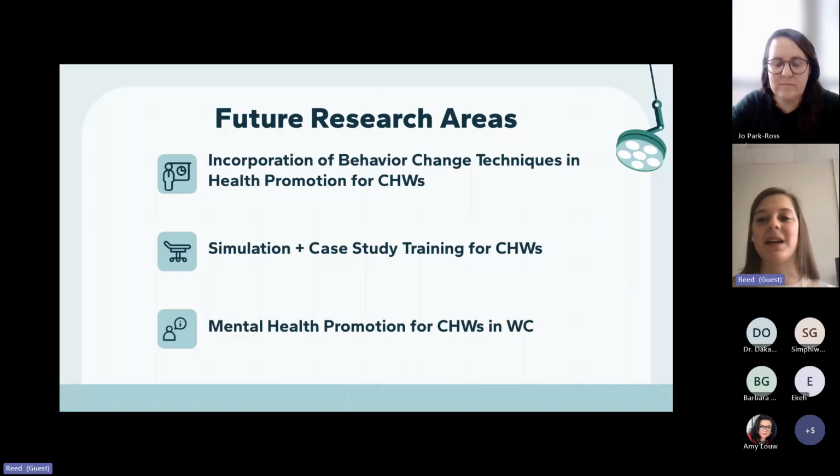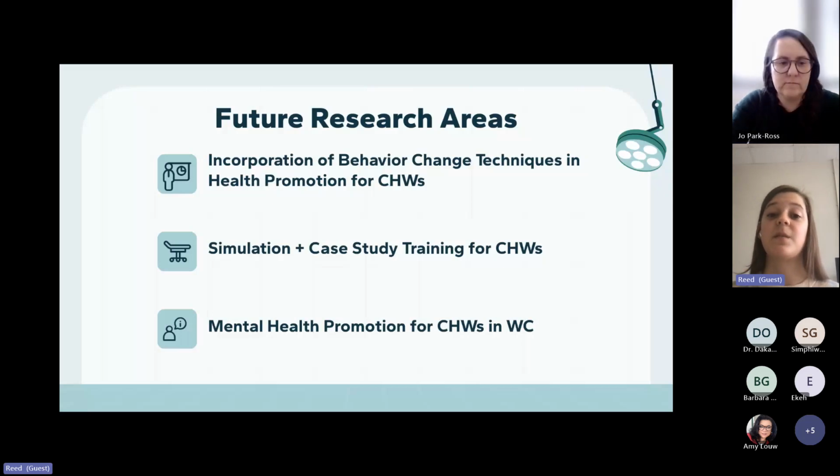And based on my literature review and time spent with the Global Surgery Division, some suggested future research areas in the space of community health worker training include thinking about how to empower community health workers to most effectively make change through health promotion.